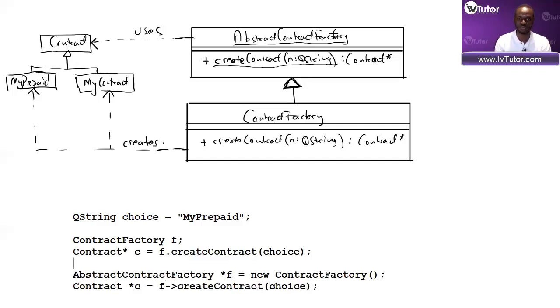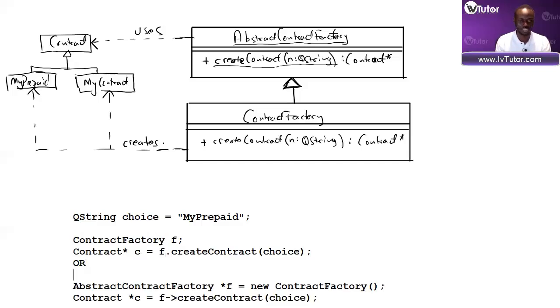That is also another way. If in this case I have both the abstract factory and the concrete factory, I can also do it like this. Or if you want, you can also use a pointer of type contract factory in the second variation. So here this can be a contract factory instance that is also allowed.